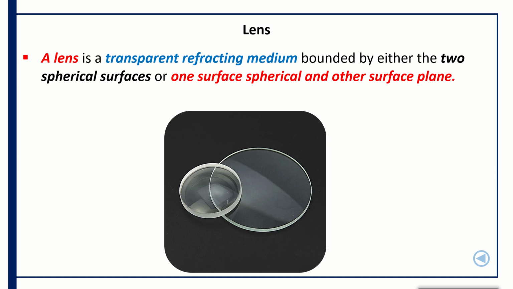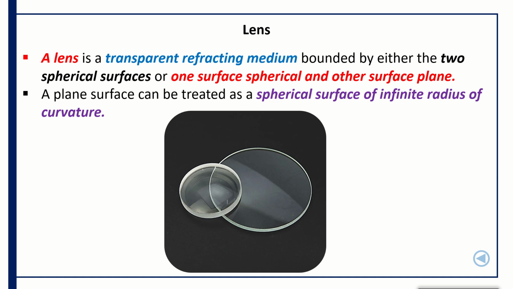So lens is a transparent refracting medium bounded by either the two spherical surfaces or one surface which is spherical and other surface plane. So let's try to understand what are the different types of lenses.